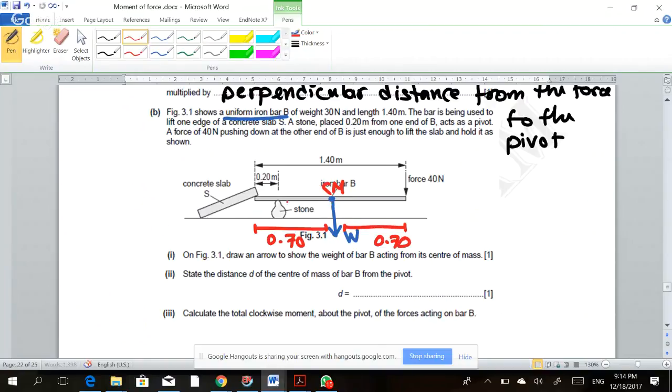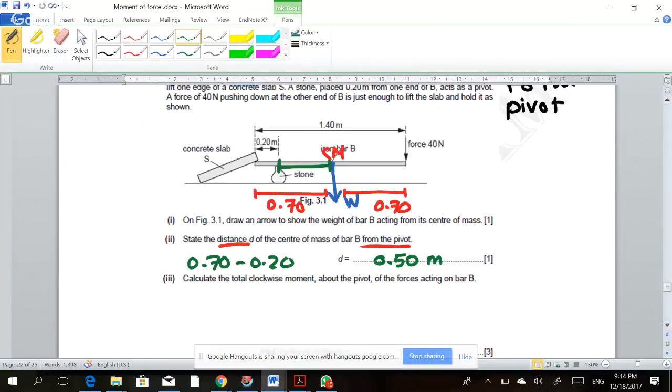The distance from the center of mass to the pivot: to find it, we need 0.7 minus 0.20, which equals 0.15 meters. Okay.